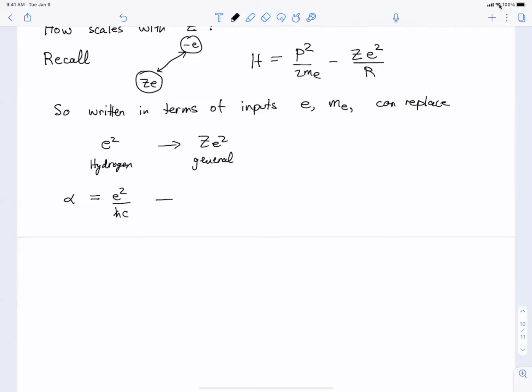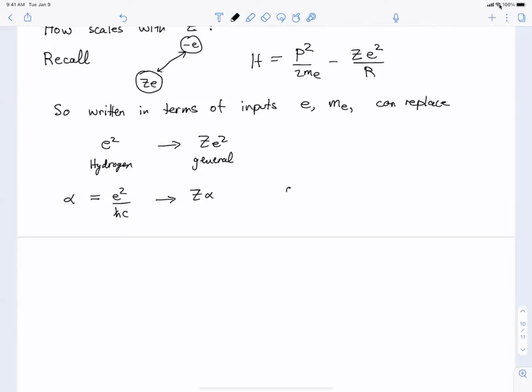So this is going to be replaced in our problem by Z times e squared, and so it will turn into Z alpha when we go from the hydrogen atom to a general atom. There's still one fine structure constant, always defined to be alpha, but this is telling us what, in this problem, we replace alpha by. We replace it by Z times alpha.